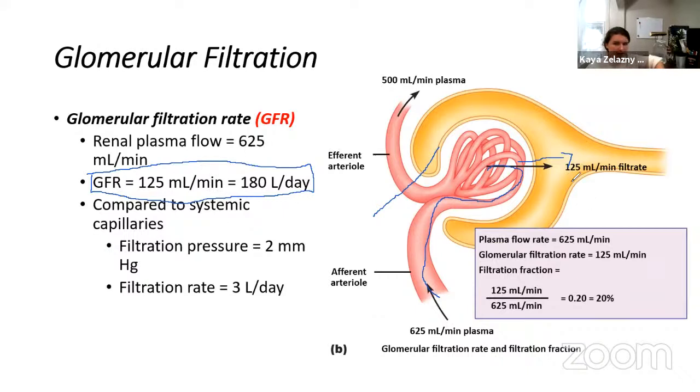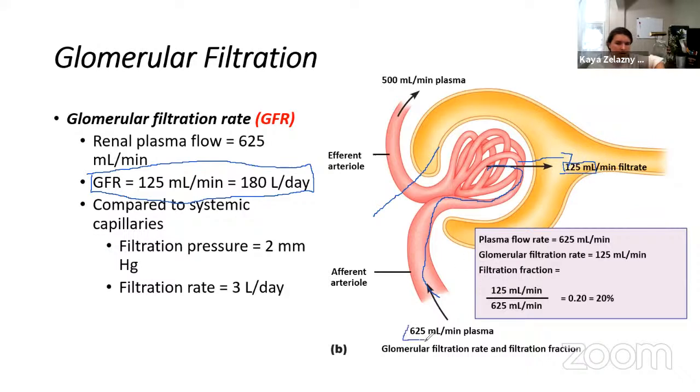So it's 125 milliliters typically, which does give us 180 liters per day, which is a lot more liters per day, or a lot more liters than we have liters of blood in a human. So we already know that we're going to have to do a lot of reabsorbing because this is just not physically possible. Okay. So our filtration rate is 125 milliliters.